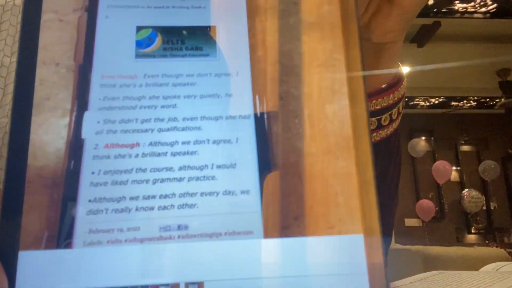Although we know each other very well, yet we do not meet each other. So this is how I reversed it. I hope that both the conditions are clear in your head. Please jot down the examples.